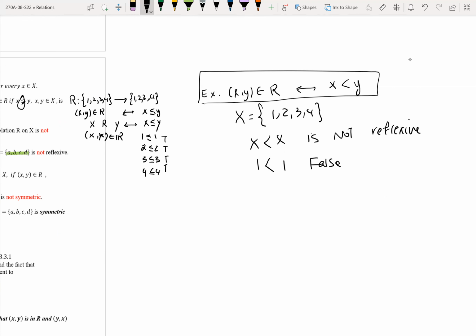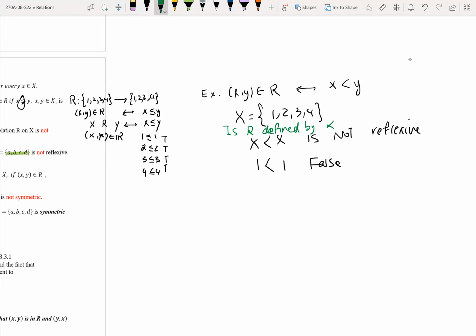Then according to the example, the inputs and outputs are 1, 2, 3, 4. If the question asks me to complete it, like is the relation defined by X less than Y reflexive?